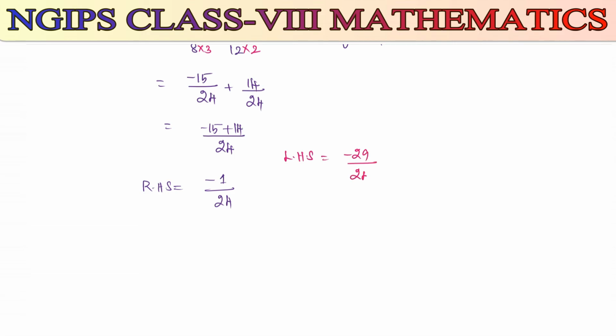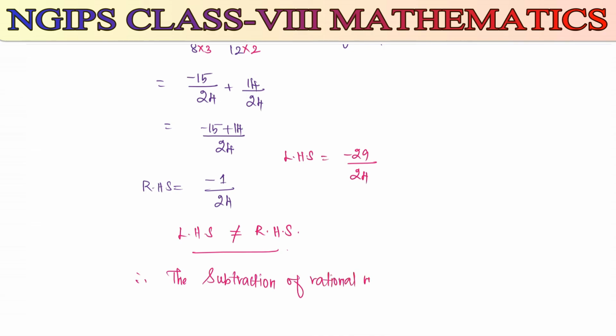So here LHS is not equal to RHS. So here the commutative property is not satisfied. Therefore the subtraction of rational numbers is not commutative.